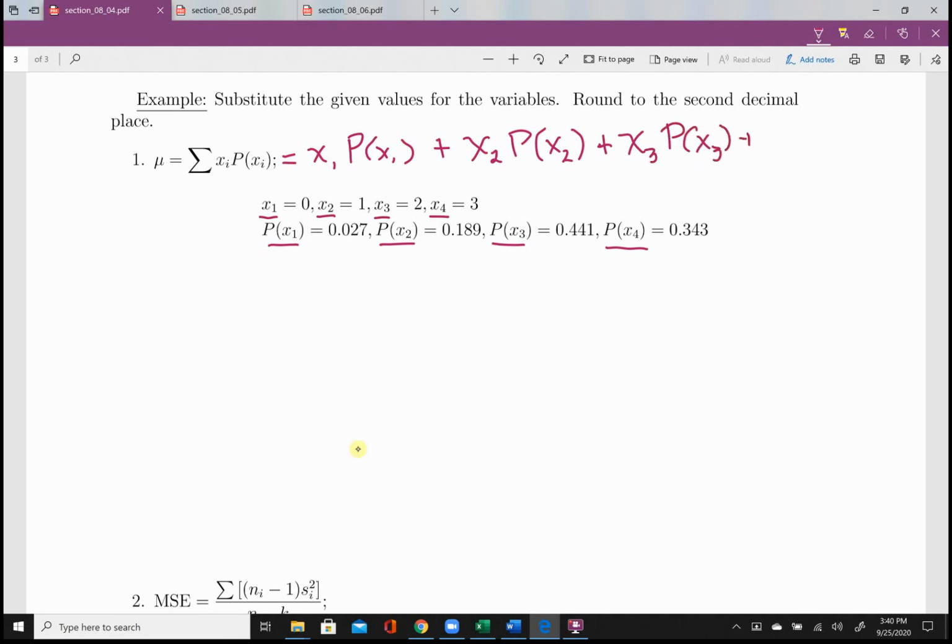The next term after that, big surprise, x sub 4 times p of x sub 4. And I would do an x sub 5, but wait, we don't have an x sub 5 or p of x sub 5. So that's how we know that we are done writing all of the terms of our summation.